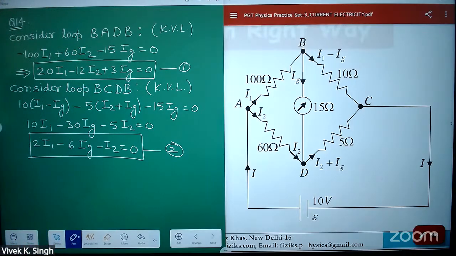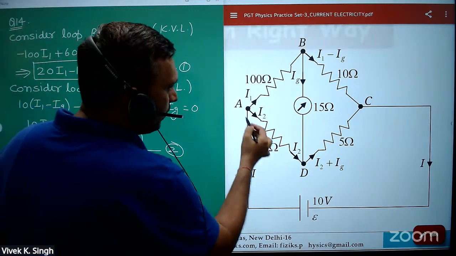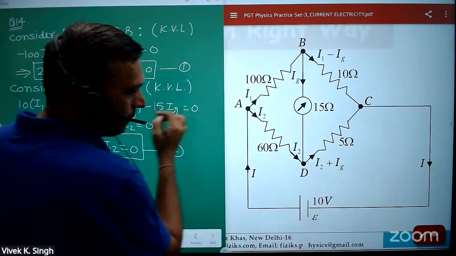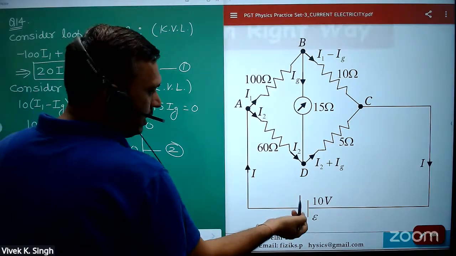So I'm considering, let's see, this outer loop, ADCEA. That includes the EMF also.